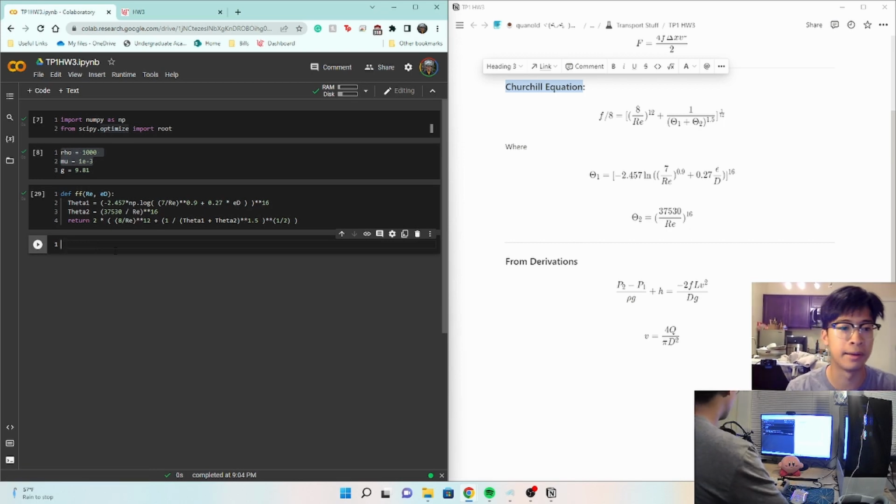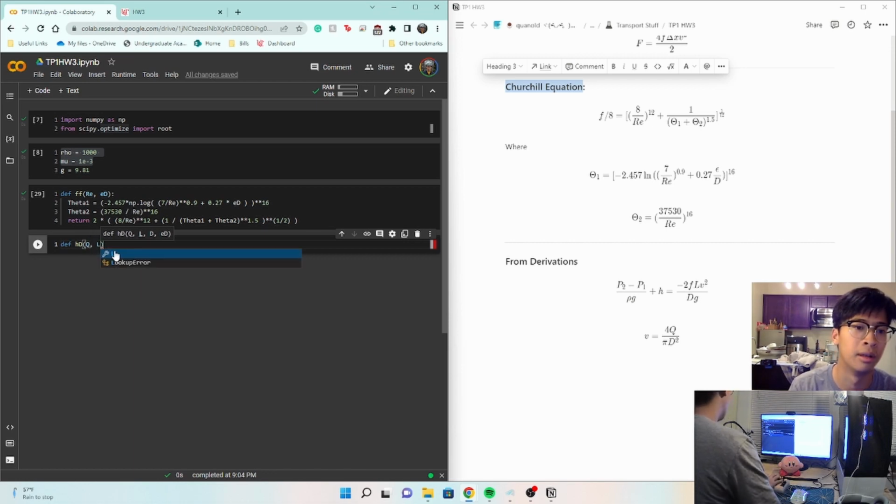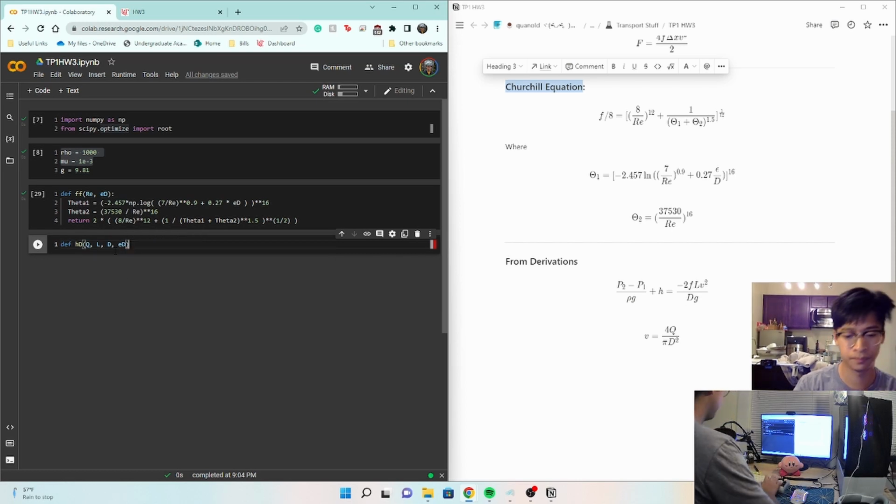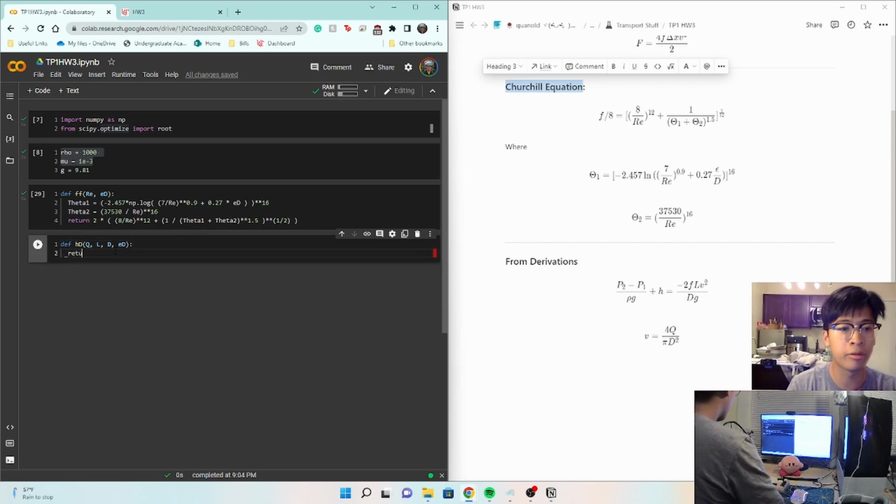We'll go off and calculate a head drop function, which will take in given flow. It's going to also need to know I believe the length of the pipe, the diameter, and the ED value. Pretty sure.